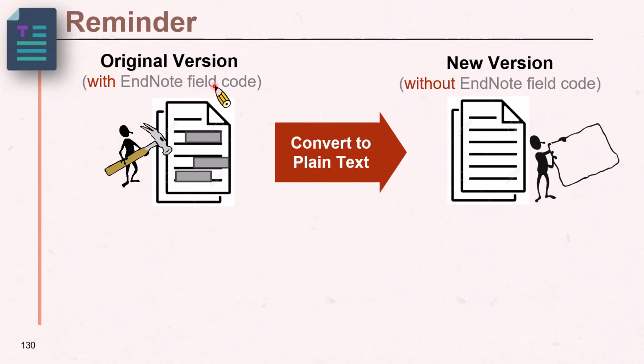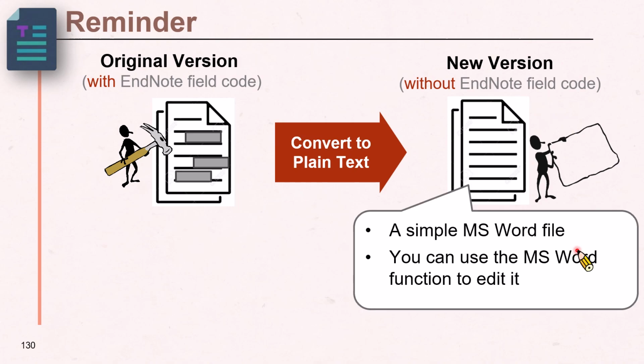Let me remind you again, the Convert to Plain Text function creates a new version of your document that does not contain any EndNote field code. This new file is a simple Microsoft Word document. The new plain text file can no longer be updated or reformatted by EndNote.